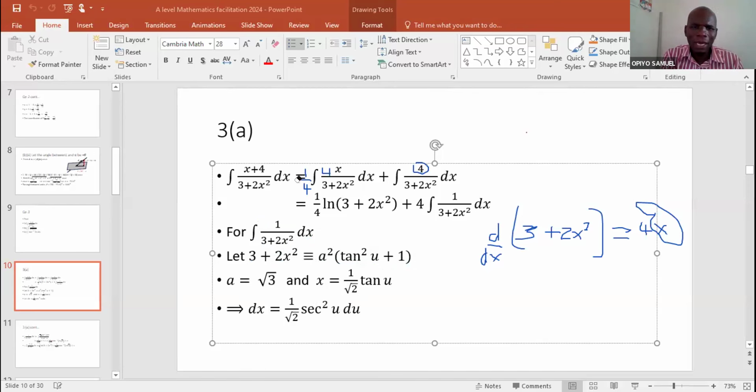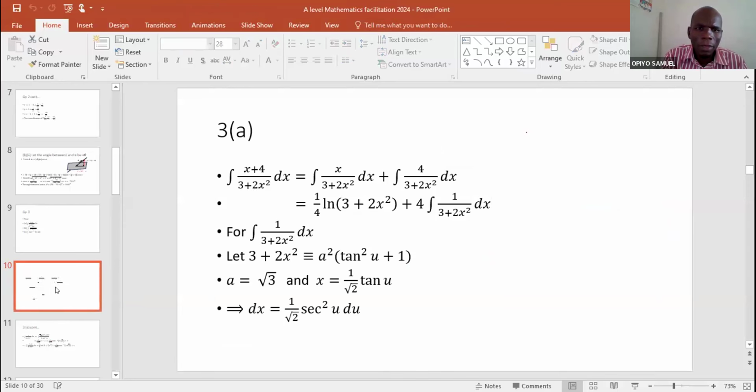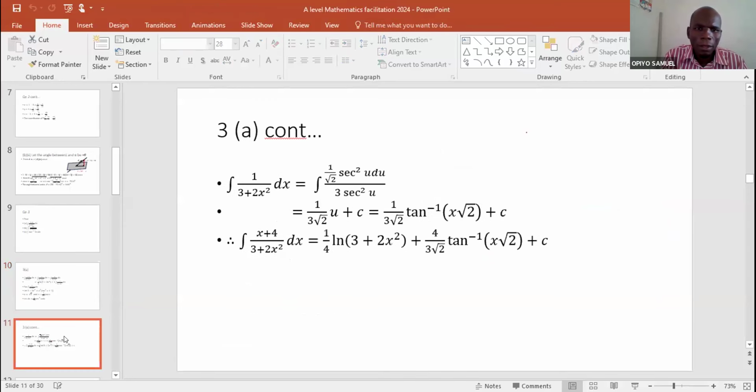Then we substitute in the given function: 1 over root 2 sec squared u over 3 sec squared u, so the sec squared cancels, and we have 1 over root 2.